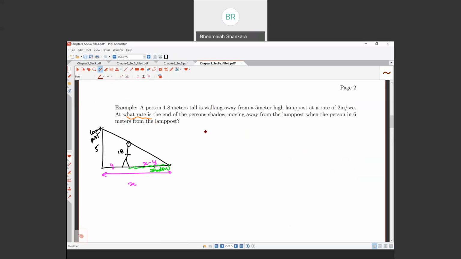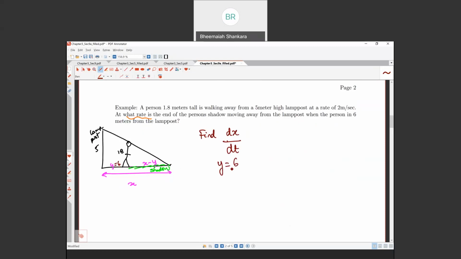So before that, let me list what we want to find in the problem. The question is asking at what rate is the end of the person's shadow moving away from the lamppost when the person is 6 meters from the lamppost. So this distance is represented by x, the end of the shadow from the lamppost. So you want to find dx over dt. And y is given for you when the person is 6 meters away from the lamppost, so y equals 6.